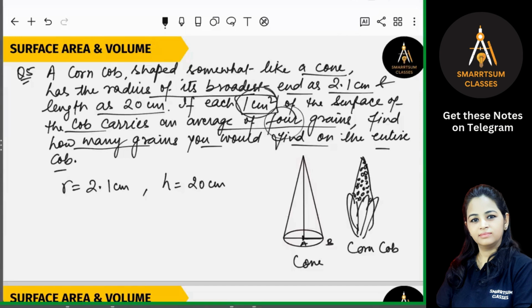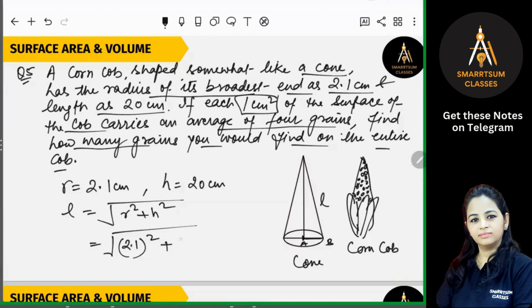Now to find the curved surface area, we should know the slant height of the cone. So first we will find L, the slant height, that is square root of R square plus H square, right? Now find it: square root of 2.1 square plus 20 square. Just calculate this. 2.1 square is 4.41 and 20 square is 400, right?